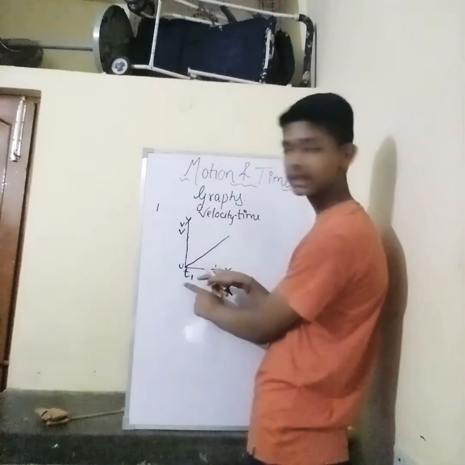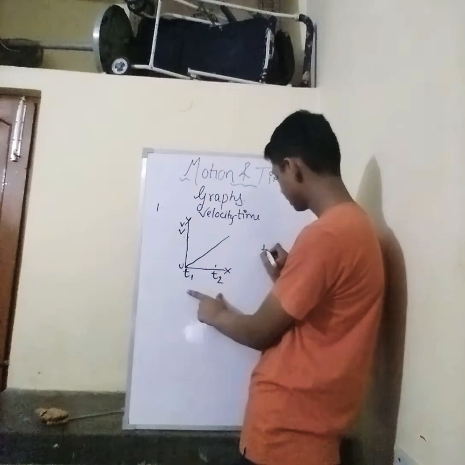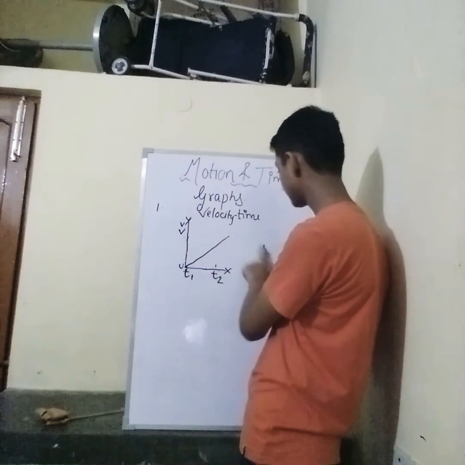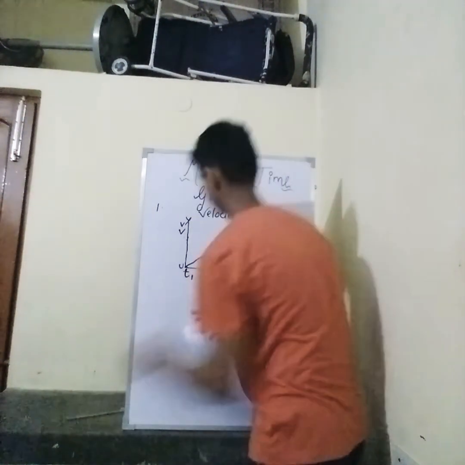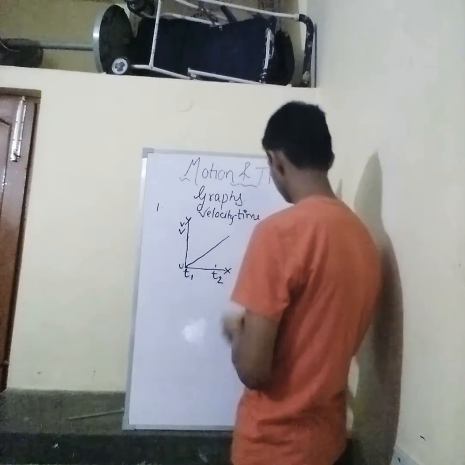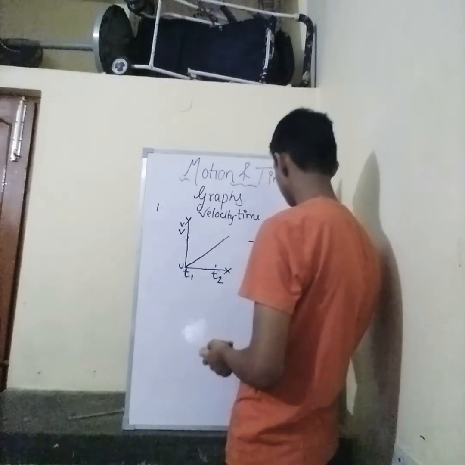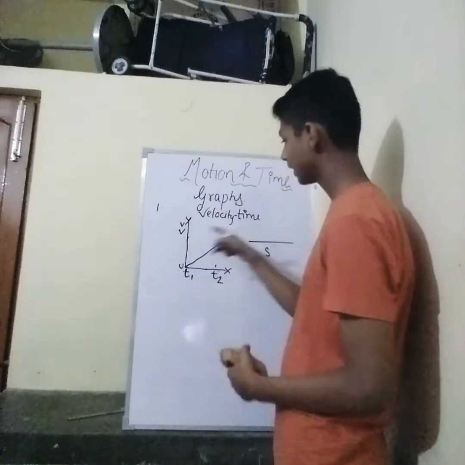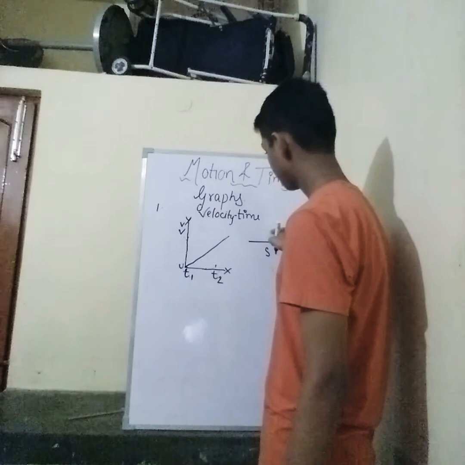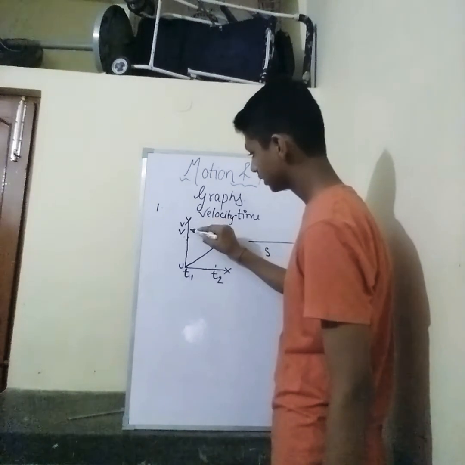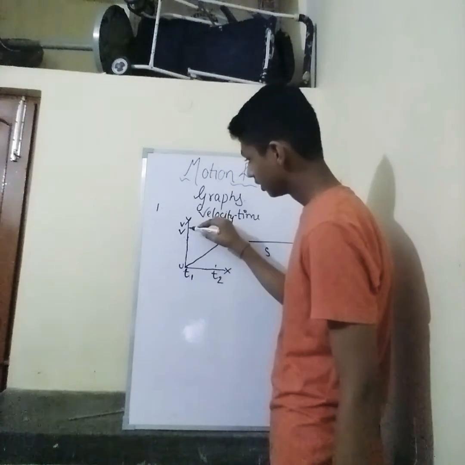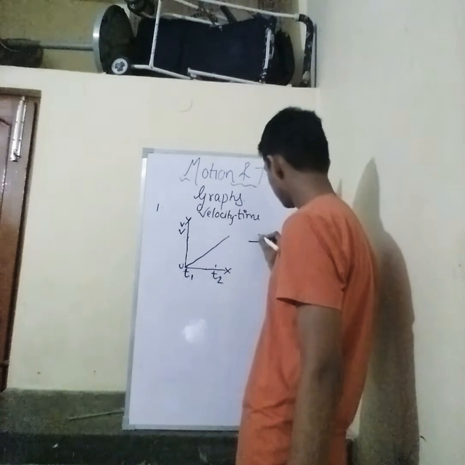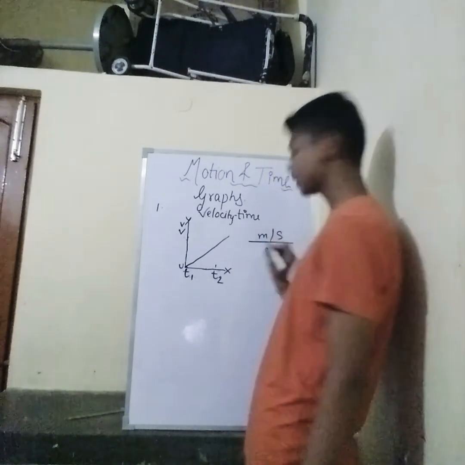t2 minus t1 will result in t, whose unit is second. In second we are putting the ratio, so the upper numerator will be this, whose unit will be meter per second.